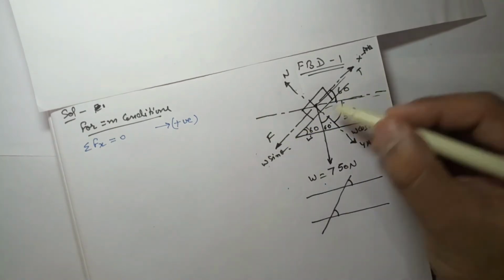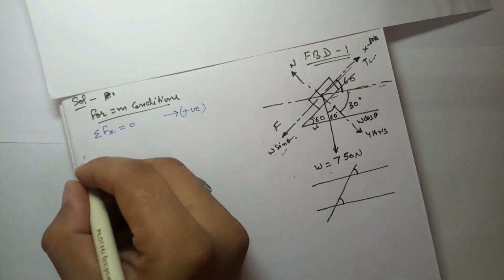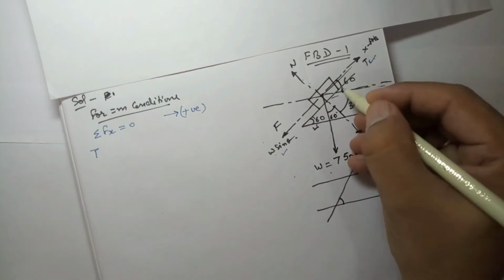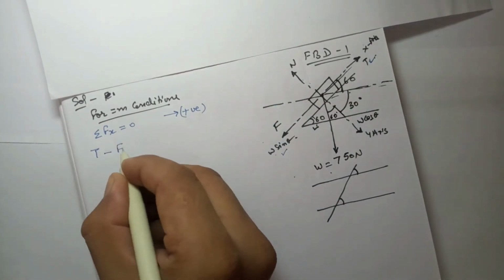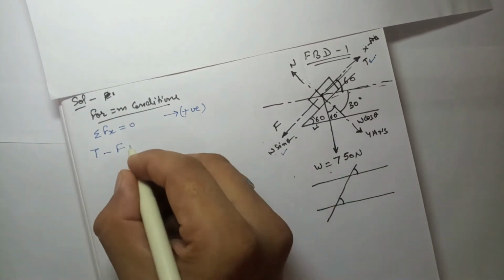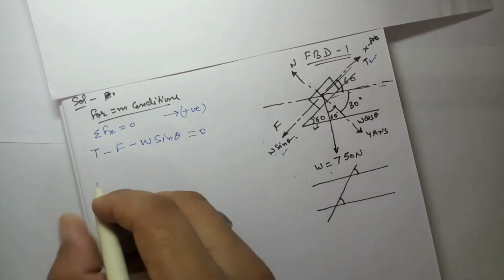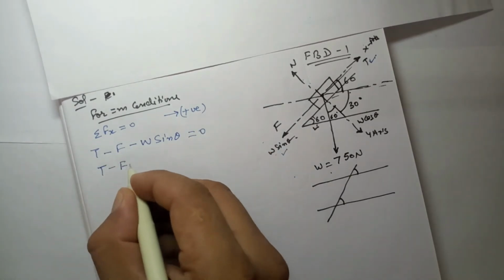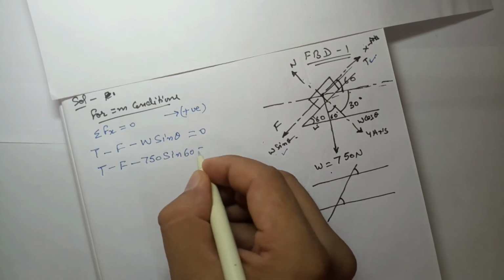What are the forces acting along the x-axis? Tension. Tension in the string is positive, because this side we have taken positive. Tension minus friction force, opposite, minus the sine component of weight, equals 0. So T minus F minus 750 sin 60 equals 0.